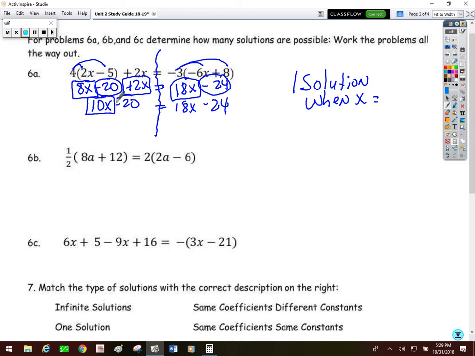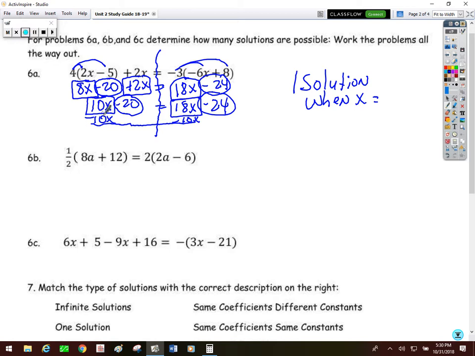Box, circle, box, circle. Well, I need to separate my variables now. So step 1 is done. Step 2 is done. Now step 3 says to separate variables on one side, numbers on the other, correct? All right, I'm going to move this small one because I like the positive variables. I like to deal with a positive variable if I can. So I'm going to move this small variable over here to the big variable.